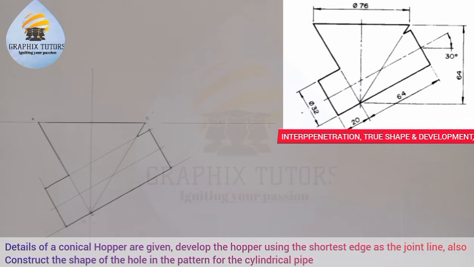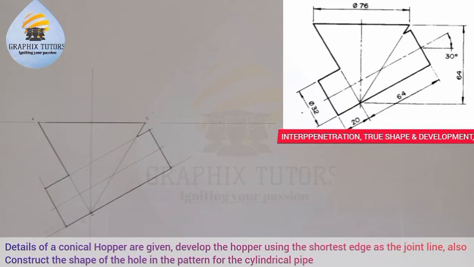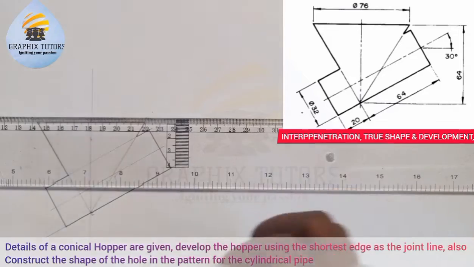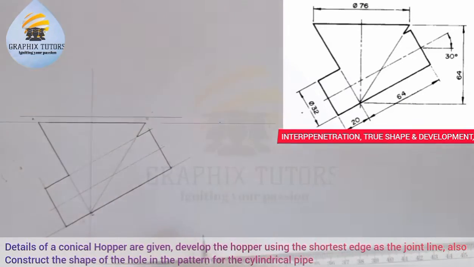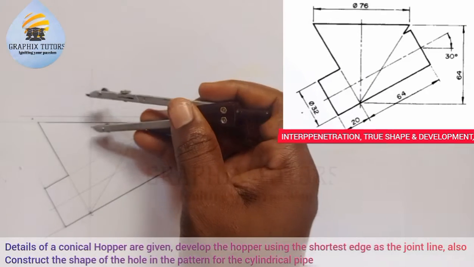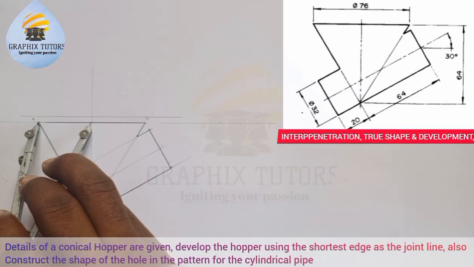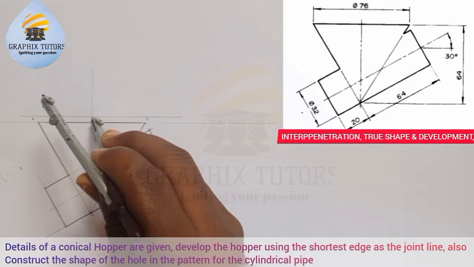Now what I'm going to do is draw a semicircle here. Or better still, I can draw a circle if I want to. So I'll just draw a circle at the base. I don't want my circle to touch the base of my hopper, so I'll just place it this way. The radius of this, from here to here, I'm going to place it at this point here, which is the same thing.